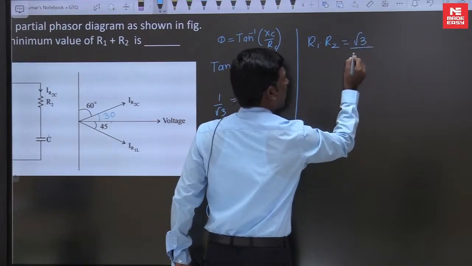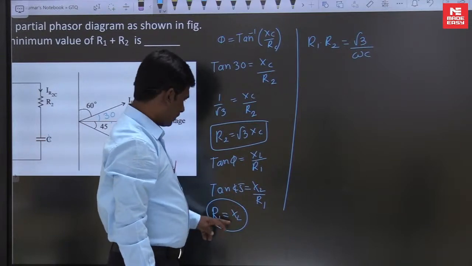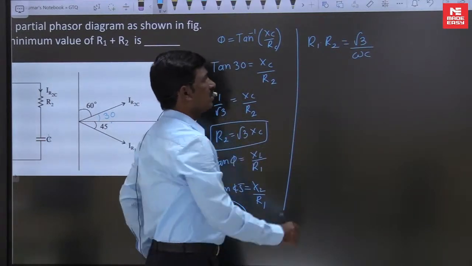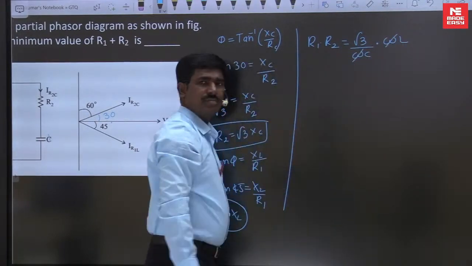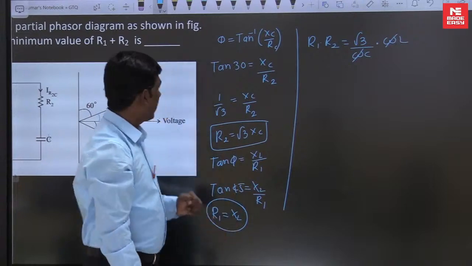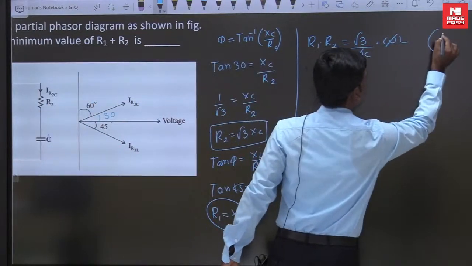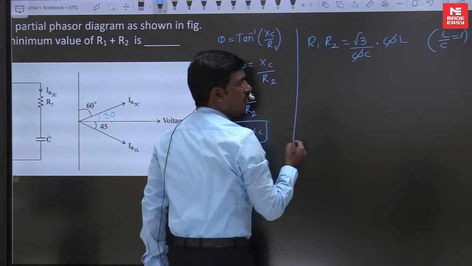XC is 1 by omega C, and XL is omega L. Omega and omega get cancelled. What is the value of L by C? L is equal to C means L by C is how much? L by C is 1. So L by C is 1.